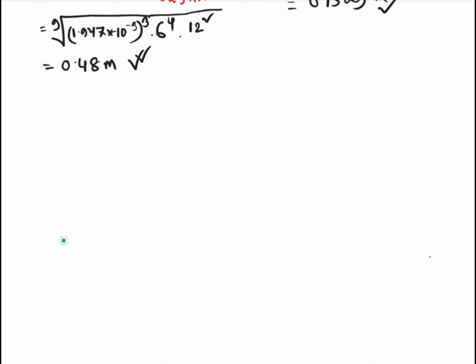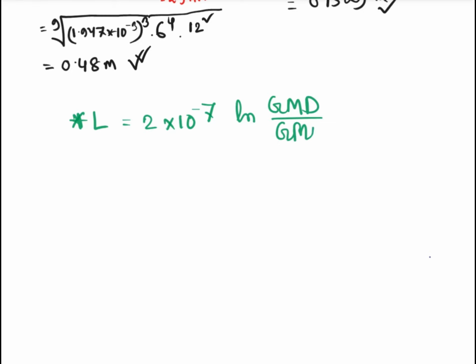Now it's time to calculate the total inductance. L is equal to 2 into 10 to the power minus 7 ln GMD over GMR, right? So GMD we have 10.74 meter, and GMR we have got two.